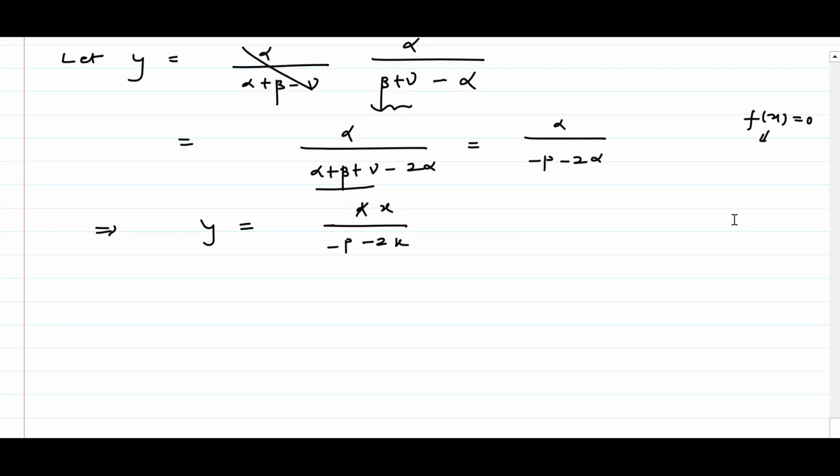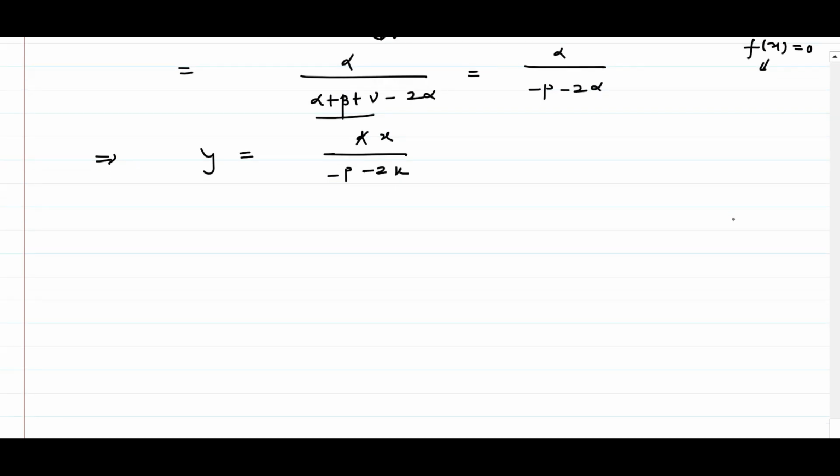So now express x in terms of y. So now cross multiply, that is y times negative p negative 2 times x is equal to x. So now from here open the bracket, that is negative py negative 2xy is equal to x.